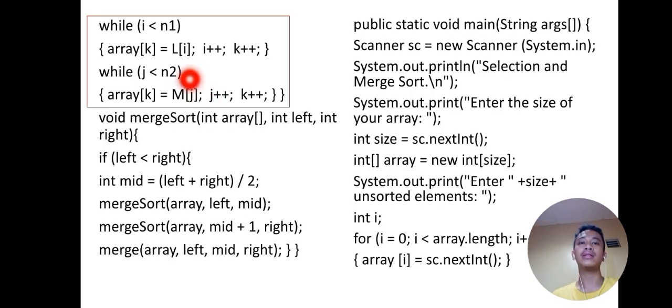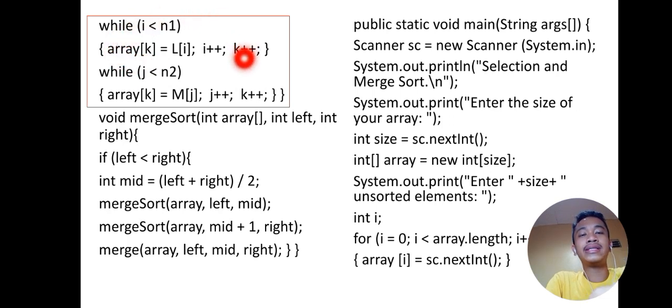So while i is less than n1, and that would be 2, if this condition is true, it will perform, otherwise it will skip here and perform this while statement. If this while statement is true, it will perform this, and otherwise it will end the method.